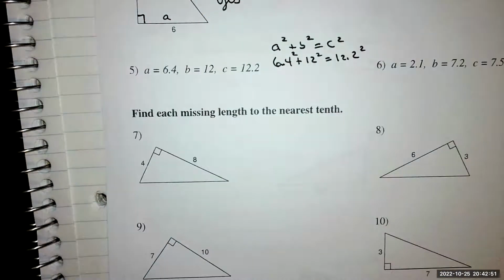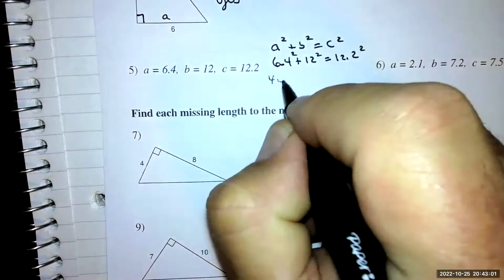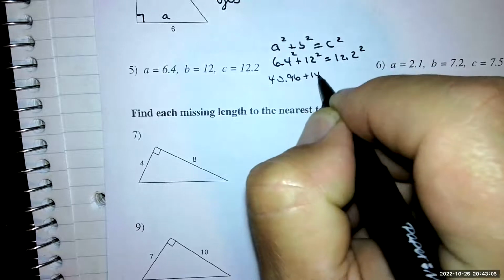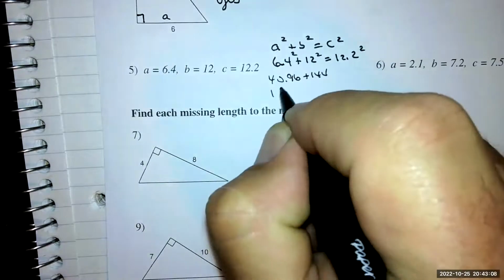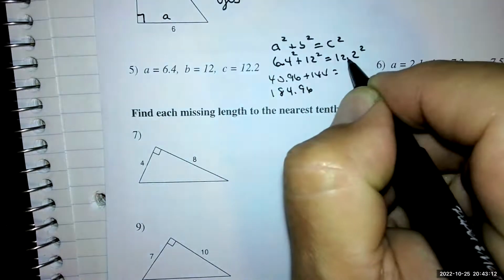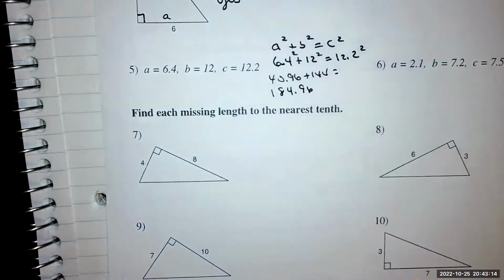All right, so I'm going to take my calculator and put 6.4 times 6.4. And I got 40.96. All right, I know 12 times 12 is 144. So if I add those, that's 184.96. Now I have to take 12.2 times 12.2.